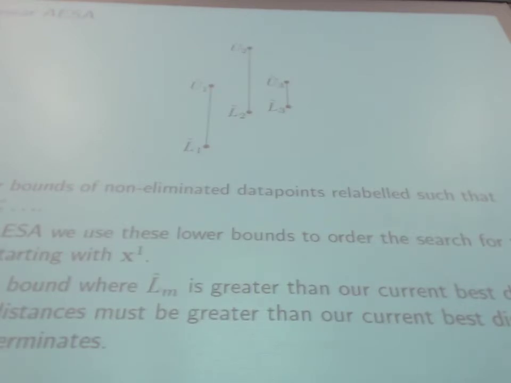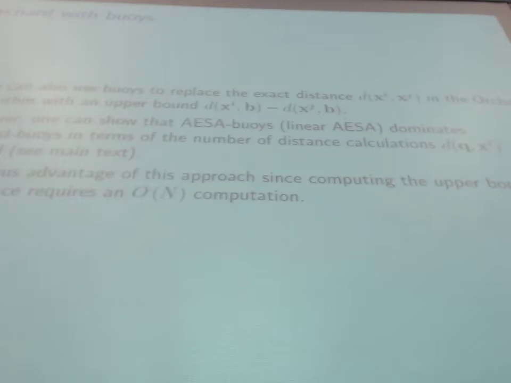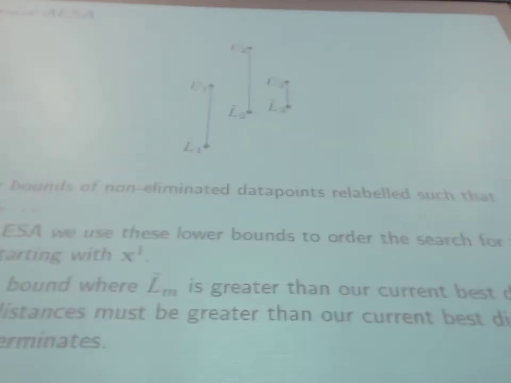So that's that. And sorry, this algorithm is called linear ISA, I guess because it's linear storage for a fixed number of boys. The bad thing about it though is you've got this order n operation to compute all these lower bounds, which is potentially expensive when n is very big.